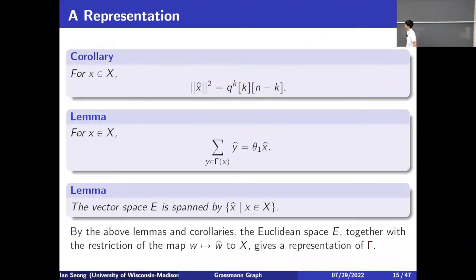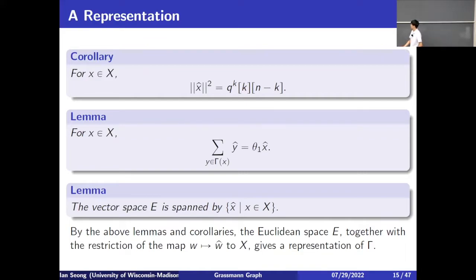Some other corollaries that we can come up with is that the square norm of x hat, where x is a vertex, is q to the k times bracket k times bracket n minus k. And two other lemmas that are important in saying that something is a representation are the following. The first lemma would be the sum of the y hats, where y runs through all the vertices that are adjacent to x.